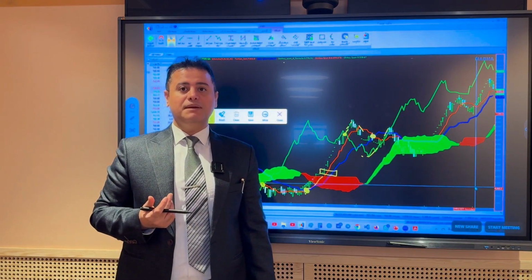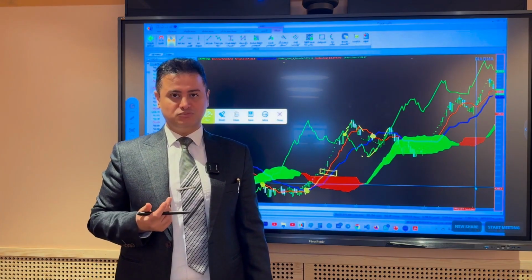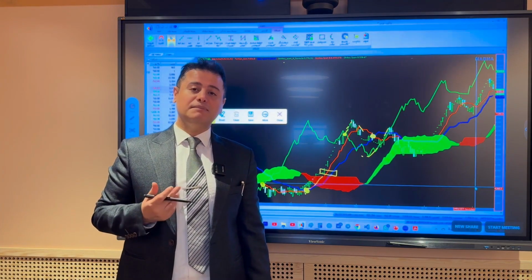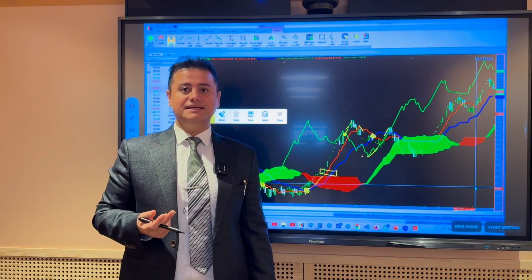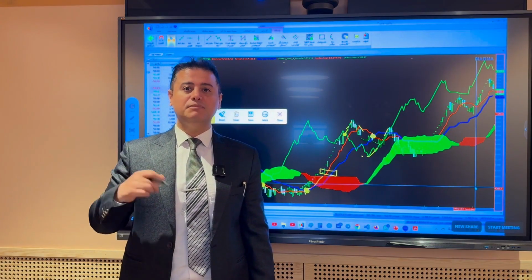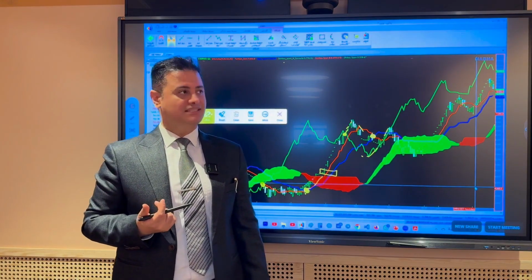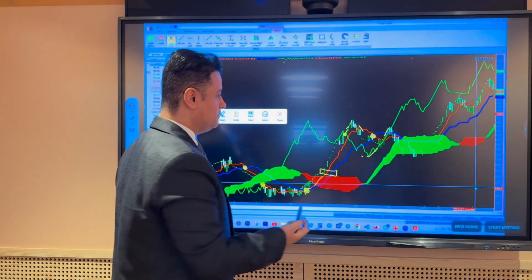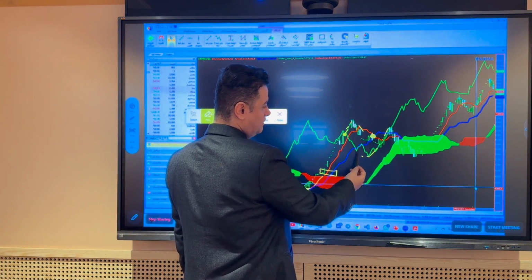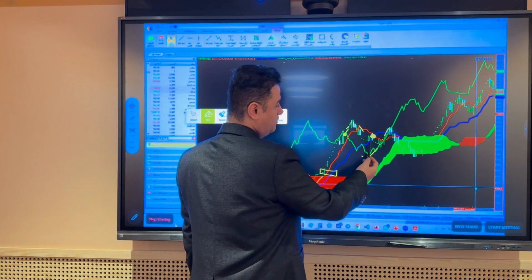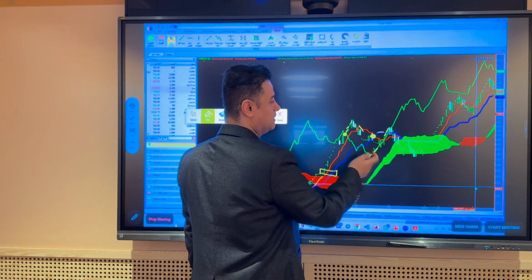Therefore, here I can say that I have entered a strong upward trend and can get a good signal from it. But for the sell signal, how does it work? When the blue line, meaning Kijun, is above the red line, meaning Tenkan, and at the same time both of these lines are positioned below the Ichimoku Cloud, this indicates that the stock is bearish. Look guys, right now I see the Kijun line, which is blue, above the red Tenkan line. Completely correct.